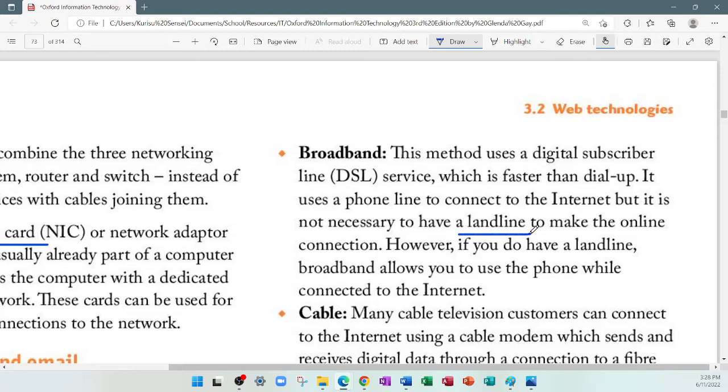Now you can be on your landline and browse the internet at the same time, and we can even do more: send voice, send video, other forms of data across the internet. Broadband is what we would call a DSL type of service, which stands for Digital Subscriber Line.